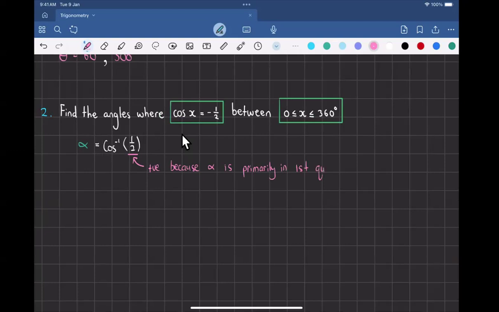The reason is that your reference angle primarily exists in the first quadrant, and everything is positive in the first quadrant. So to find the reference angle alpha, I find cos inverse of a half. What did you all get for alpha? You all should have gotten 60 degrees.